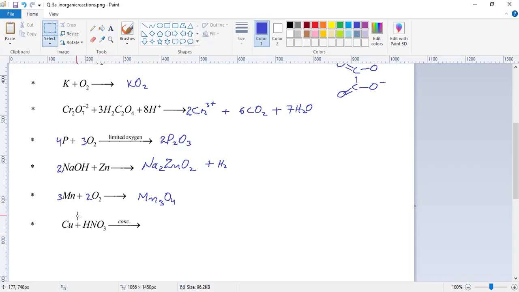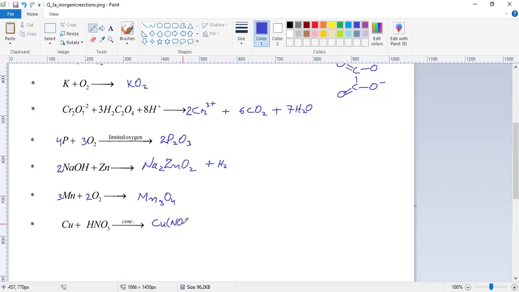Remember that with dilute acids, copper does not react because in the electrochemical series, the reduction potential of copper is more positive than hydrogen. So it is below hydrogen in the electrochemical series. That's why copper does not react with dilute acid, but with concentrated acid, it reacts and produces its respective nitrate.